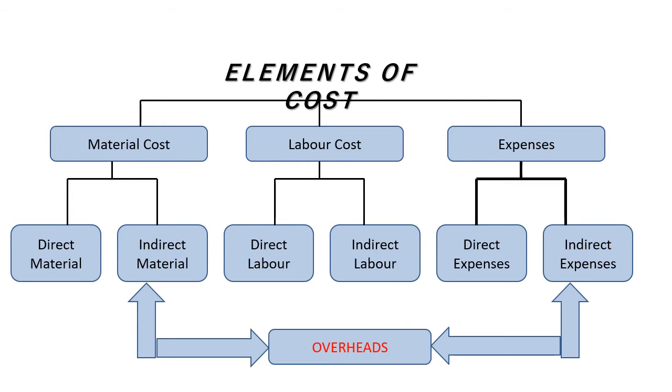Whereas the total of all indirect costs, that is indirect material, indirect wages and indirect expenses, is known as overheads. So this is the chart of elements of cost.